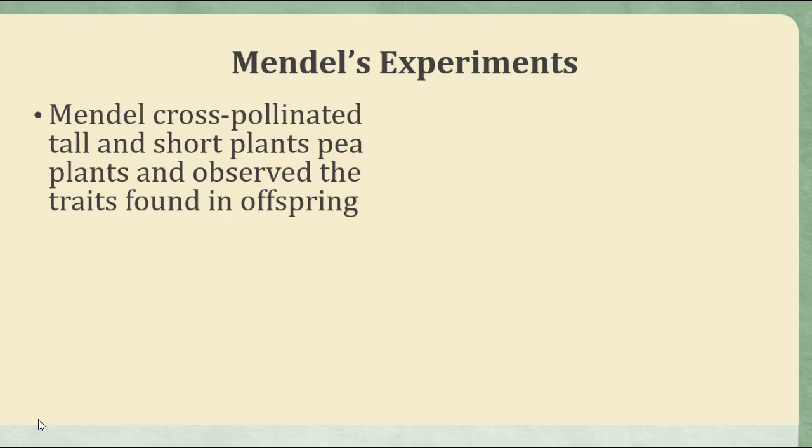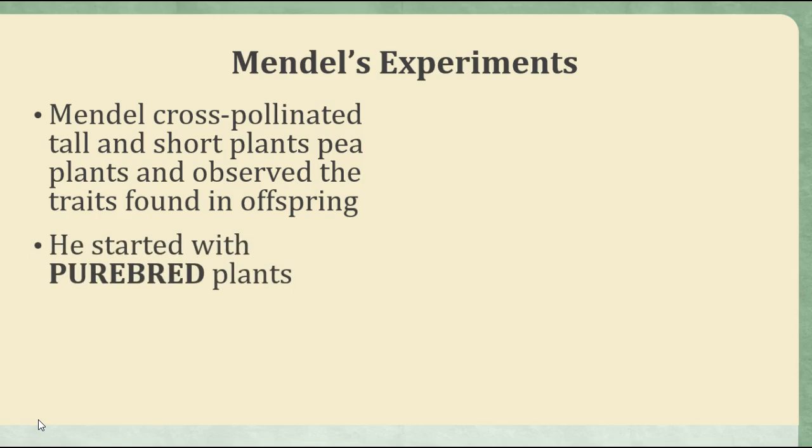And let's take a closer look at Mendel's experiments. Mendel cross-pollinated tall and short pea plants, and observed the traits that were found in the offspring. He started with purebred plants, so he started with tall plants that produced multiple generations of only tall plants, and short plants that produced multiple generations of only short plants.